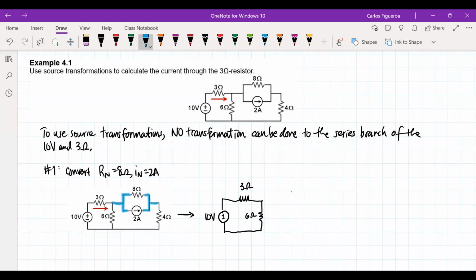I converted this to the same Norton and Thevenin resistance, and then multiplied the resistance times the current to get a voltage source. So this will be my 8 ohm, and this will be my 16 volt. You can see I have not touched that 4 ohm resistor.